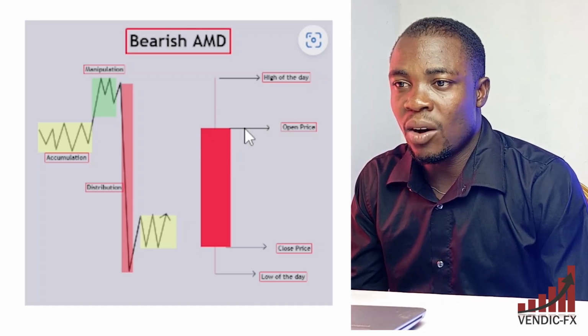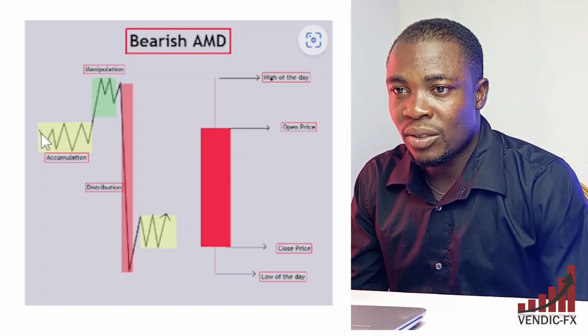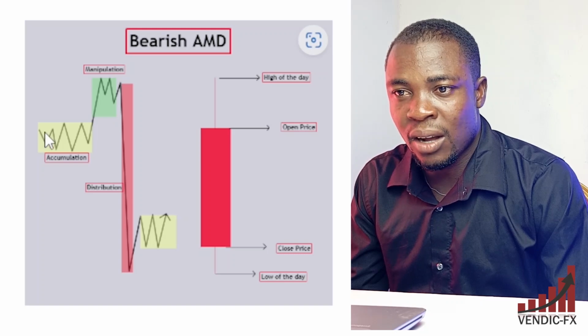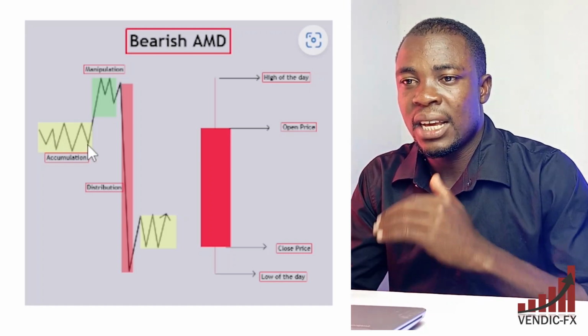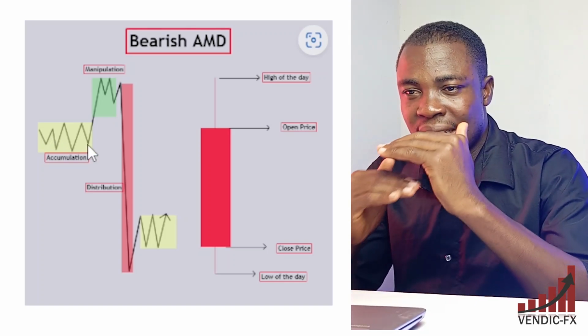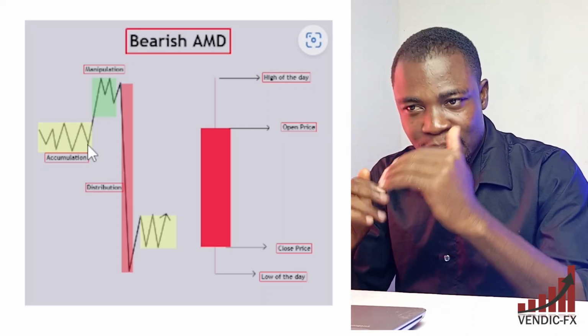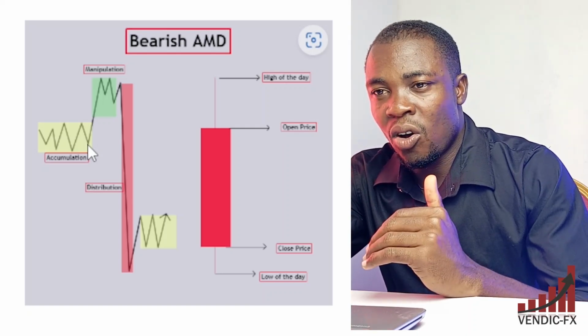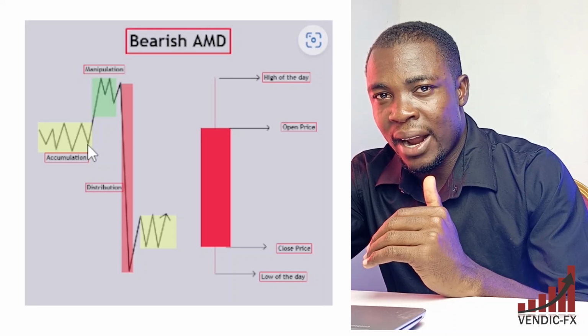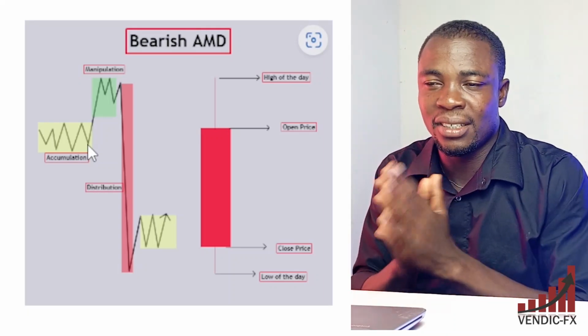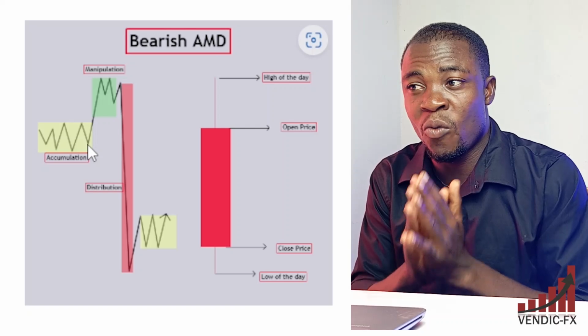It has an opening. During the opening, you have the accumulation. It will always have this support and resistance in a low range that it will be moving around. Then it will always break off the resistance and then continue in the direction that the market is supposed to go for the day.